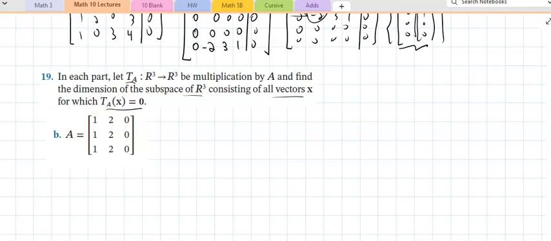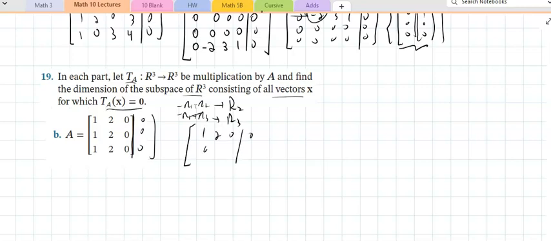So, well, let's see. If I take T_A(x), pretty much I'm trying to reduce that. So if I put the zeros right there, obviously I take negative row 1 plus row 2, put it in row 2, take negative row 1 plus row 3, put the result in row 3. I should really start writing nicer than this and slower. Basically, I'll have 1, 2, 0, 0.